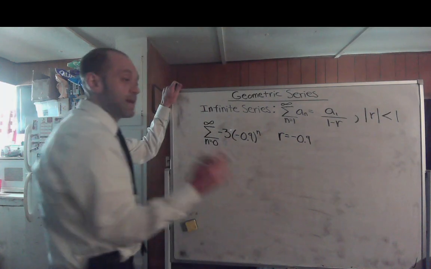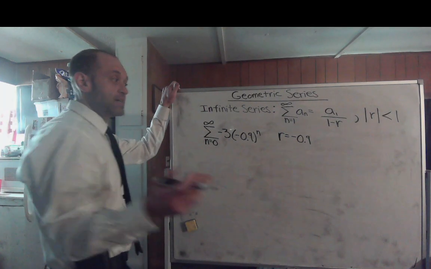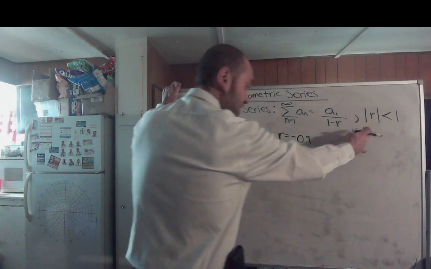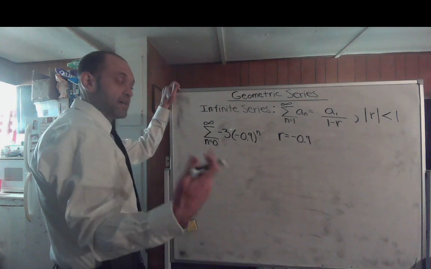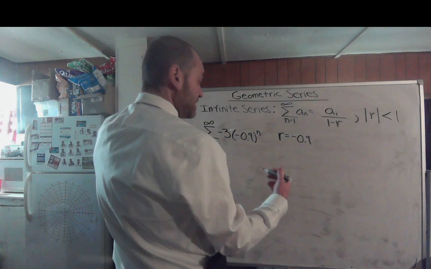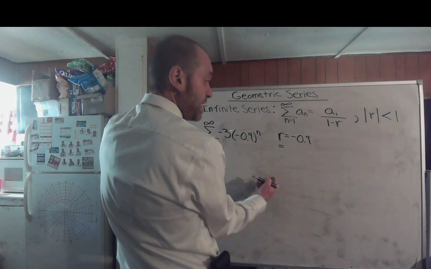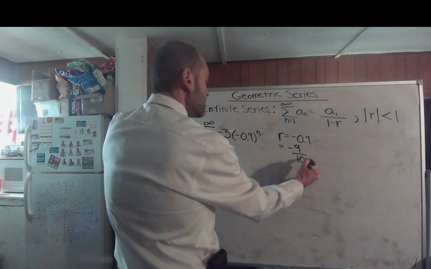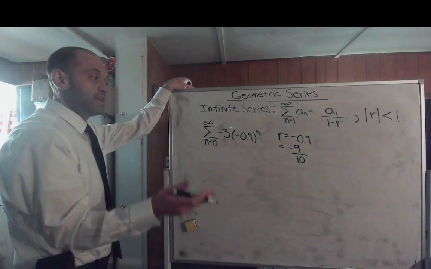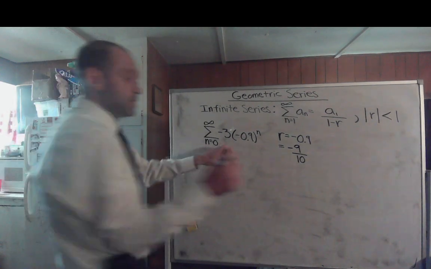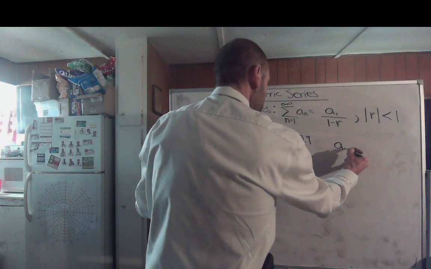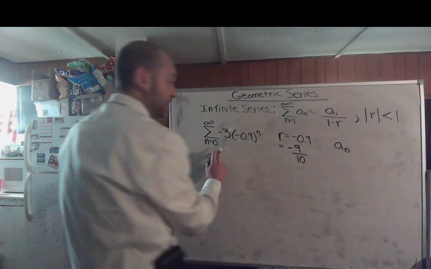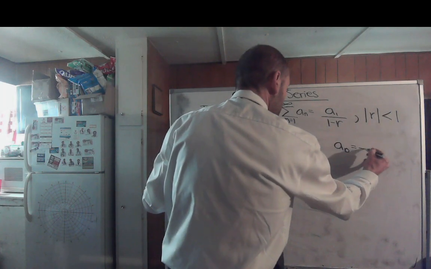If we take the absolute value of that, we get 0.9, which is less than 1, so we know we can find a finite sum, but let's convert this into a fraction. That would end up being -9/10. This is going to make our lives a lot easier. Now a sub 1, or a sub 0, I should say in this case, is -3.